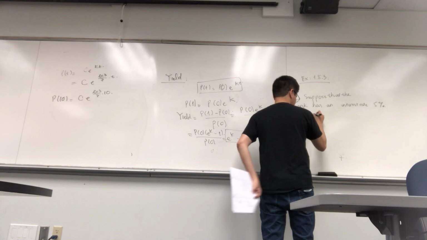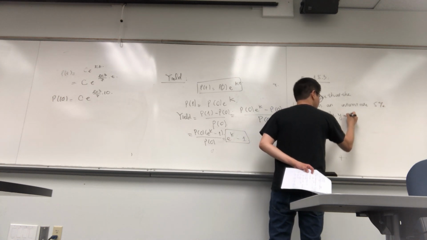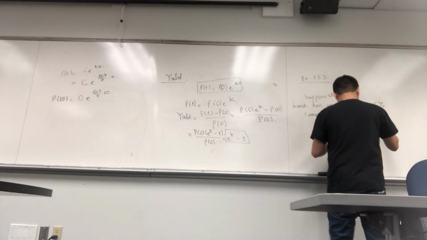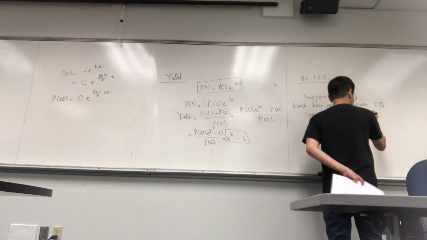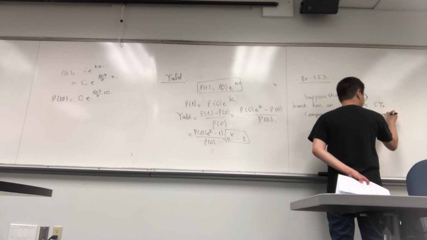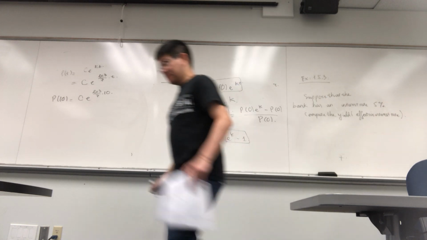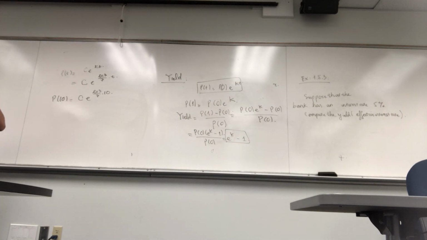Compute the yield, the effective interest rate. So suppose that the bank has an interest rate of 5%. Now you have to compute the yield, in this case the effective interest rate.